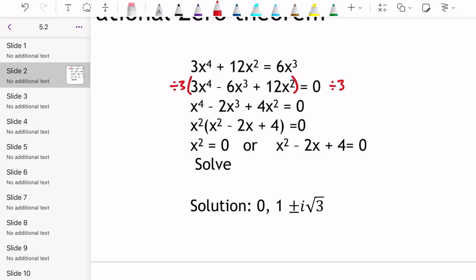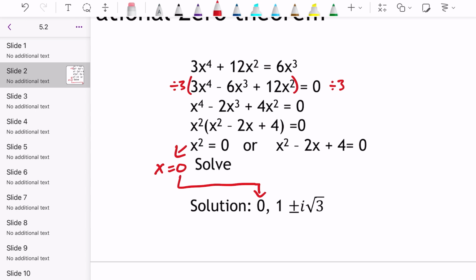Once we are at this point, we are going to separate those two pieces, the greatest common factor and the factored polynomial equation, and we set it equal to 0. So x squared would give us 0, which means x is equal to 0, and that's where we get our first solution from.